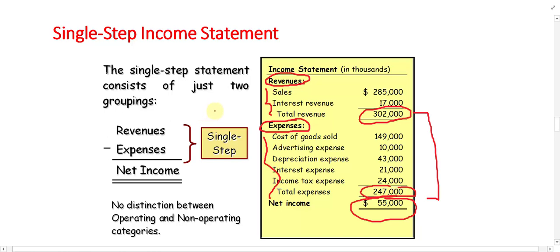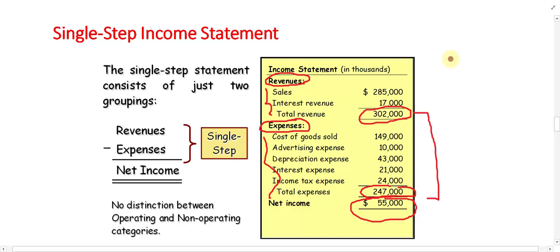What is special regarding the single step income statement? If you remember in the previous videos, we have classified revenue into two types, direct revenue and indirect revenue, or operating revenue and non-operating revenue. Also, we classified the expenses into two parts, operating expenses and non-operating expenses, or direct expenses and indirect expenses.